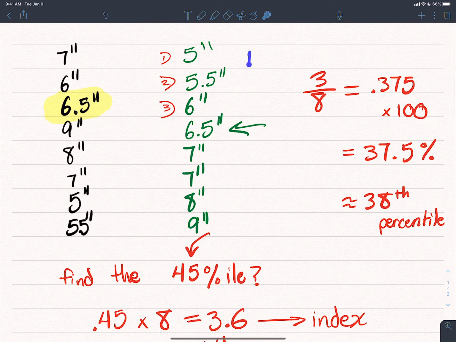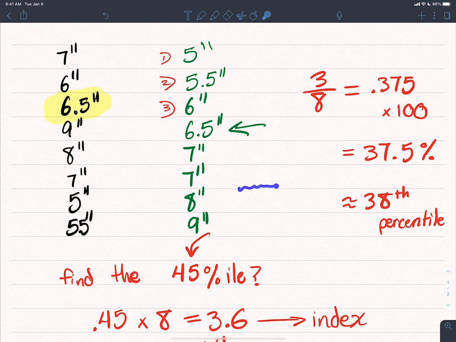So we have 1, 2, 3, 4, 5, and 6. And the kth percentile is between the 6th one and the 7th one, because our index was 6. So it's the average.